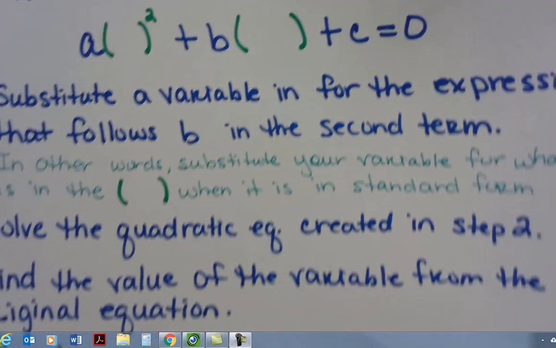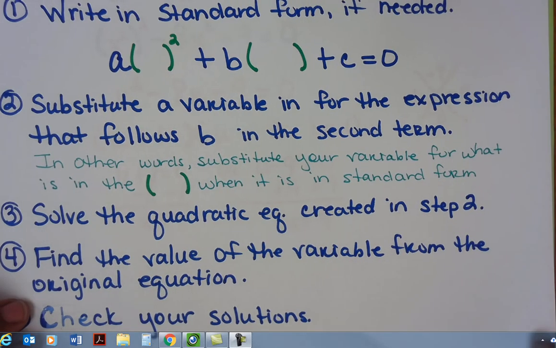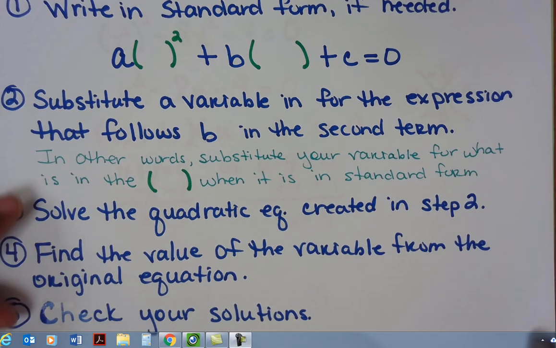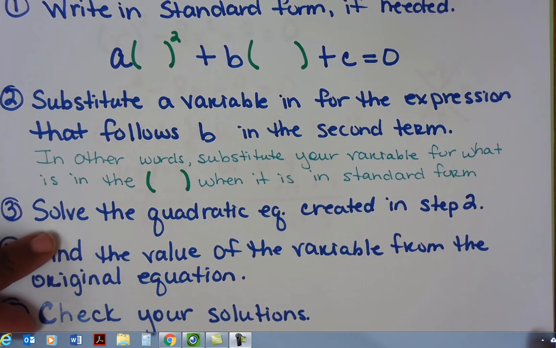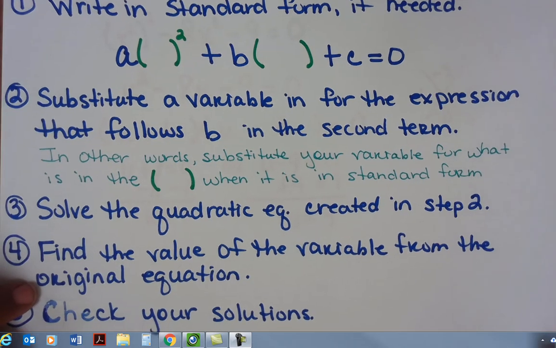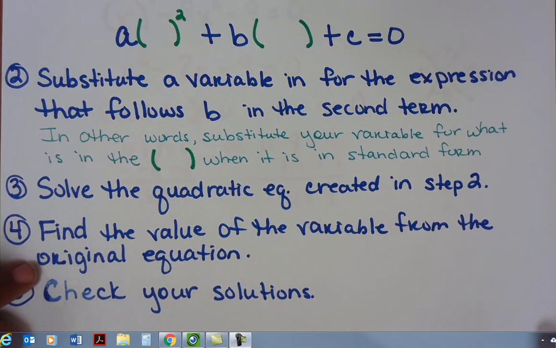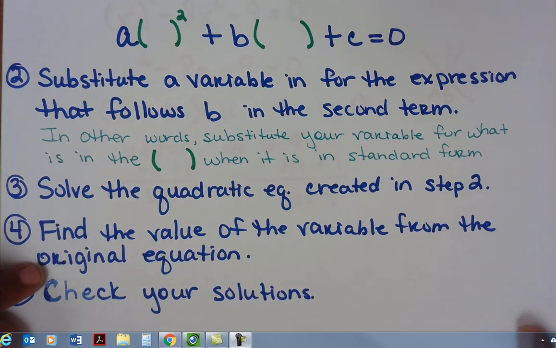Now let's go back to our steps. We've solved the quadratic equation that we created in step 2. Now we're going to find the value of the variable from the original equation.